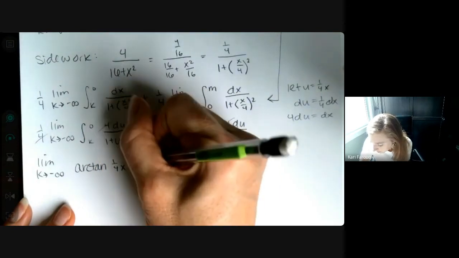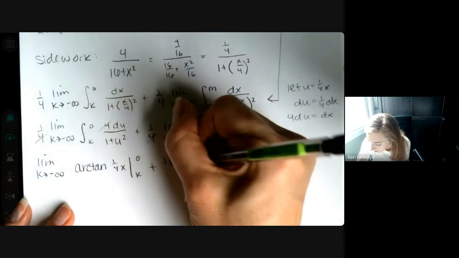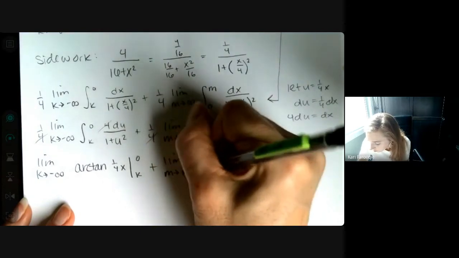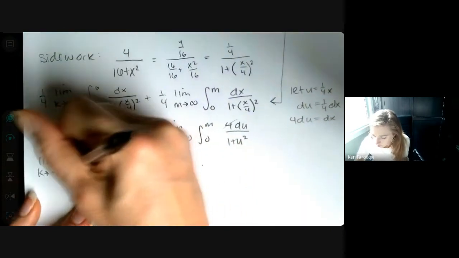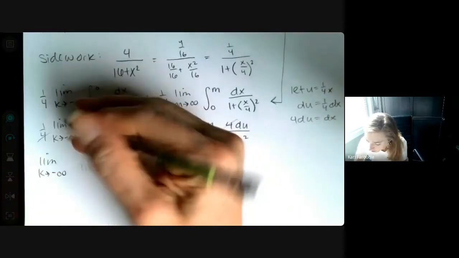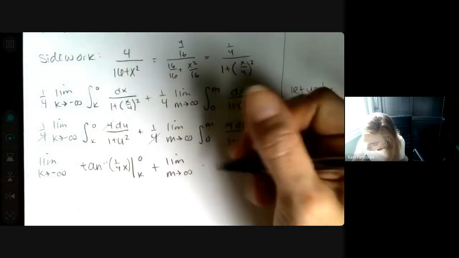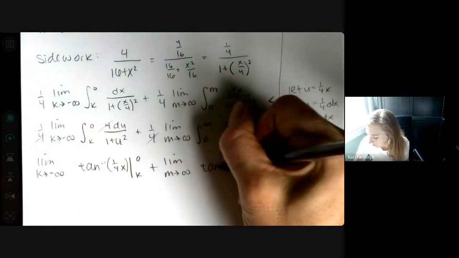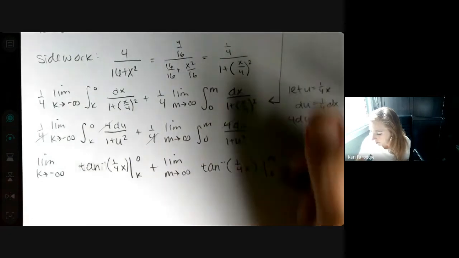And then we're going to take that from k to 0, and then plus the limit as m approaches infinity. I said arctan, but we've been using inverse tan notation. It does not matter. I understand your notation, but I want to be consistent with what I use. Inverse tan 1/4 x from 0 to m.